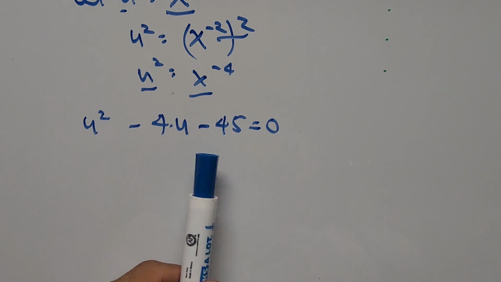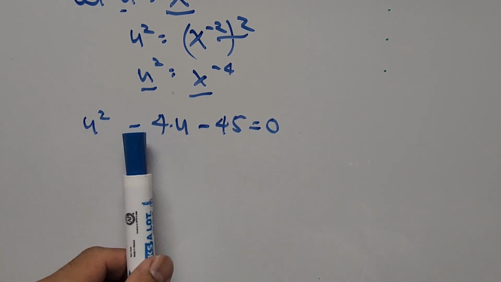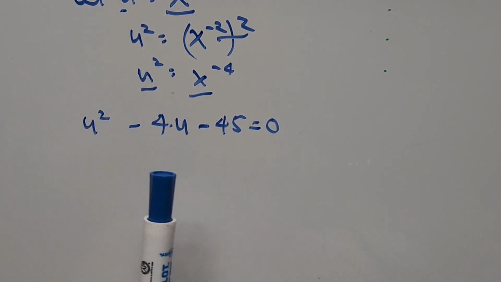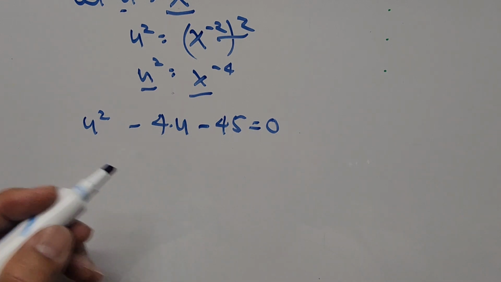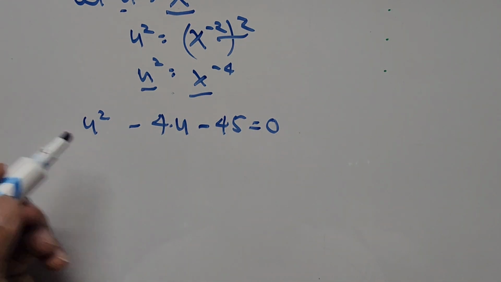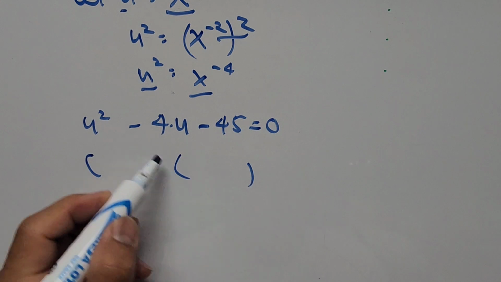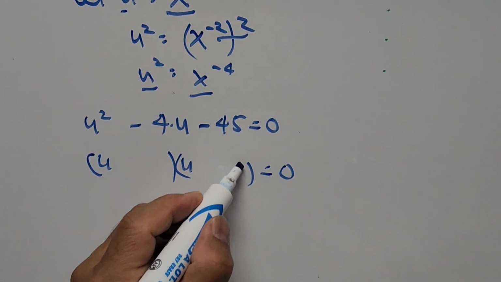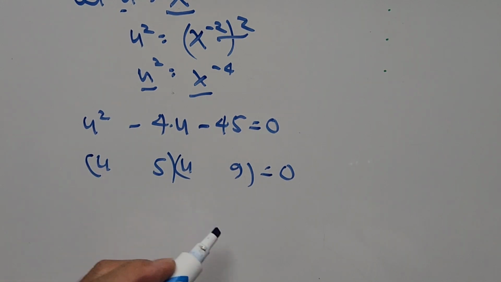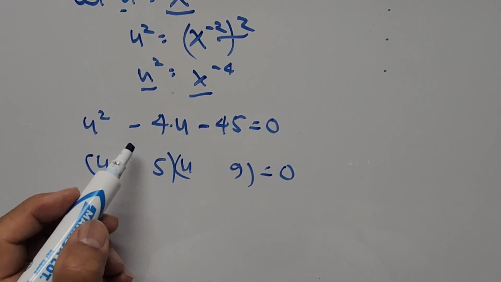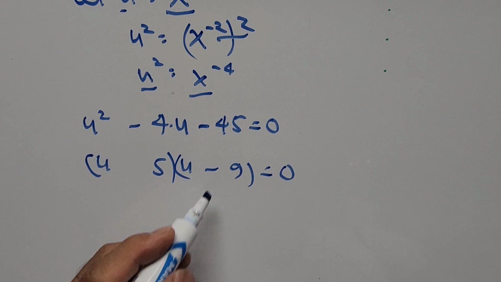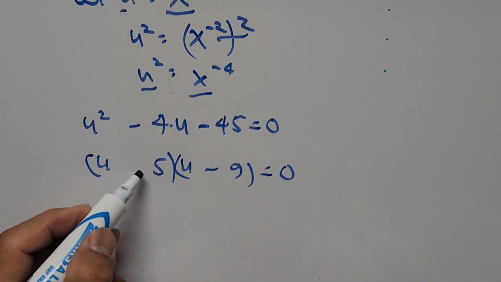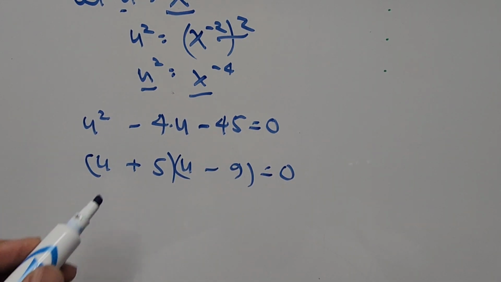So 9 minus 5 is 4. But since here it is negative 4, 9 should be negative, right? So here are our factors, 9 and 5. This is negative, which means the larger value carries the negative sign, and the smaller value carries the positive sign.